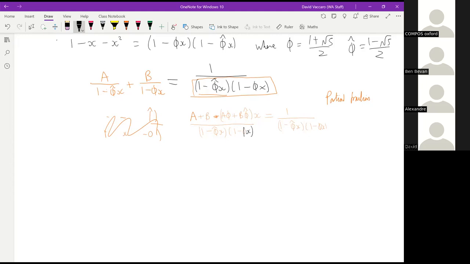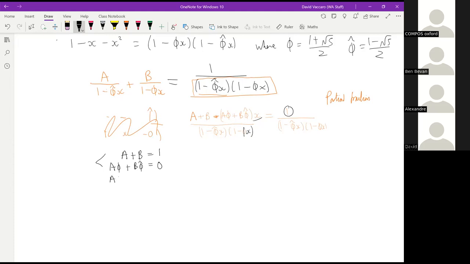Okay, so to equate coefficients, we get that A plus B is equal to 1. And then we get A phi plus B phi hat equal to 0, because we want the 1, but we don't want any x coefficients. So let's find the values of A and B. We've just got two simultaneous equations to solve.